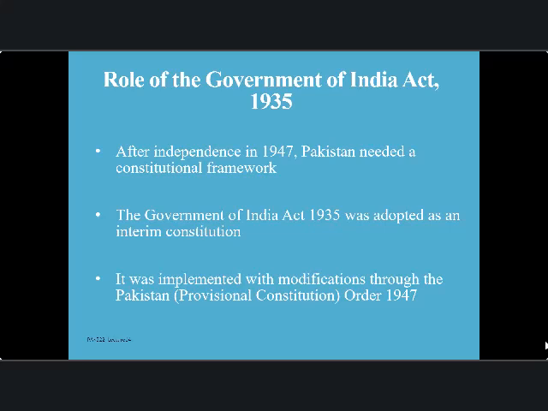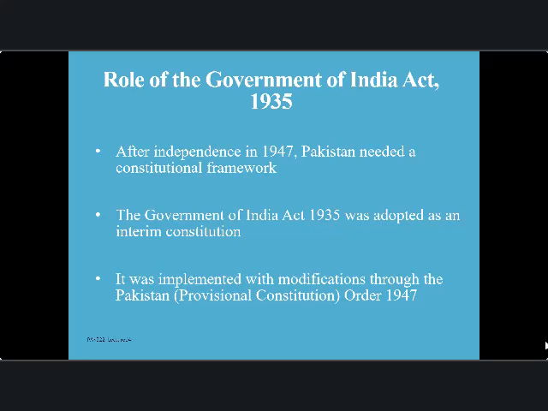Since Pakistan did not yet have its own constitution, the leadership relied on legal arrangements inherited from British rule. Two important instruments played a key role in this process. Number one, the Indian Independence Act of 1947, and two, the Government of India Act 1935.